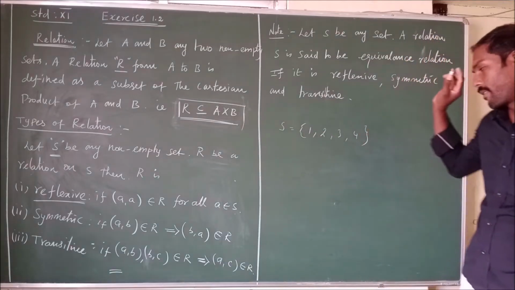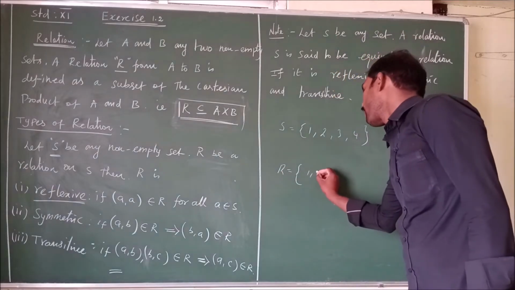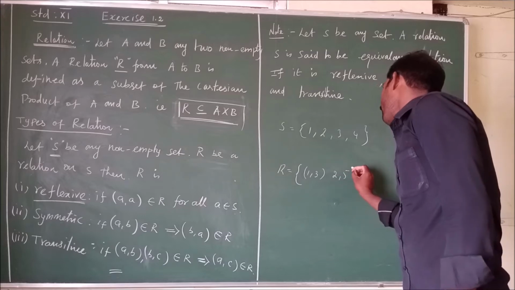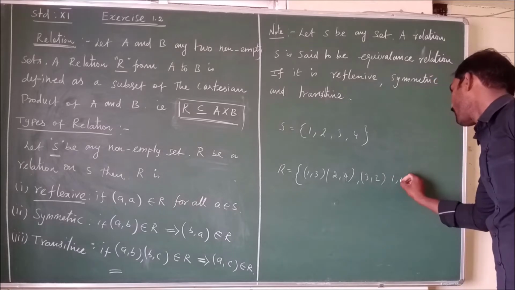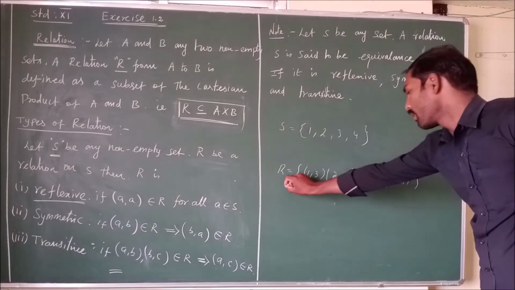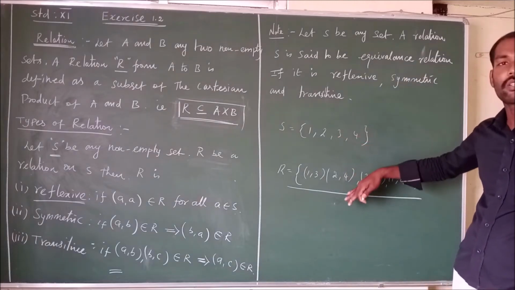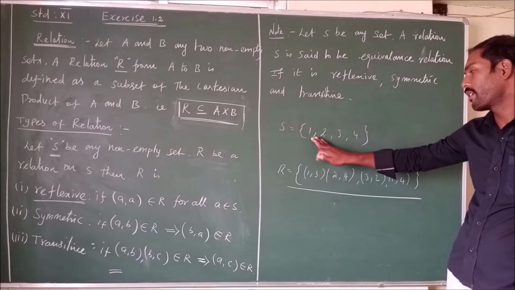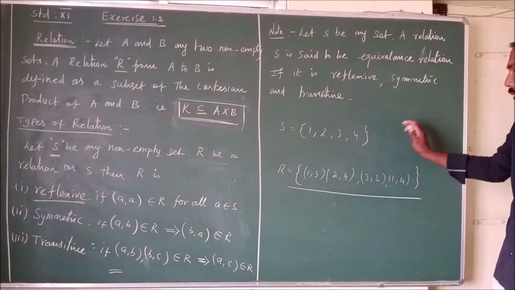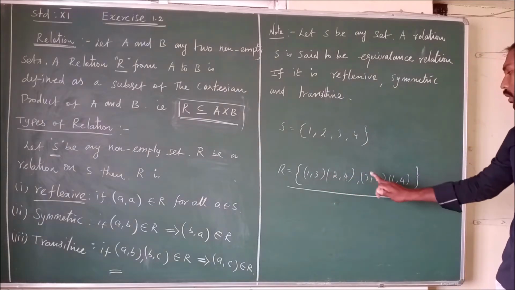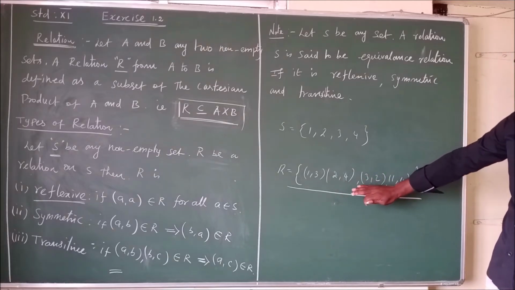Then a relation is defined as R = {(1, 3), (2, 4), (3, 2), (1, 4)}. It is called a relation. A relation is nothing but a subset of the Cartesian product of the given set. Here S cross S consists of pairs like (1, 3), (2, 4), (3, 2), (1, 4). Clear?